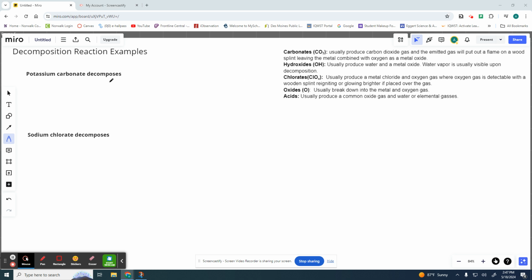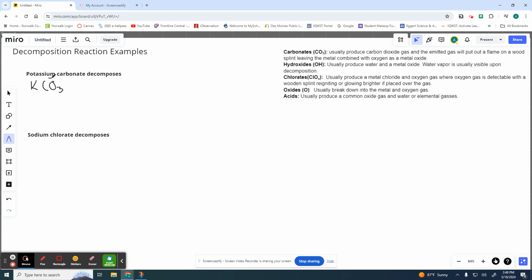So I'm going to first start writing the equation in formula version for potassium carbonate. If you look on your polyatomic handout, carbonate is a CO3 package of nonmetals. Now, since this is ionic, I'm going to do the charge balancing.